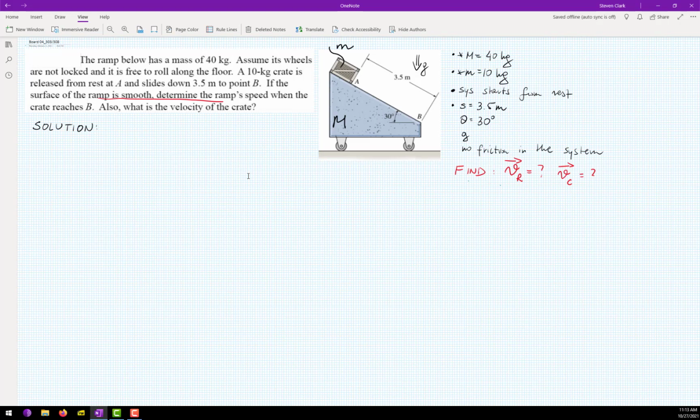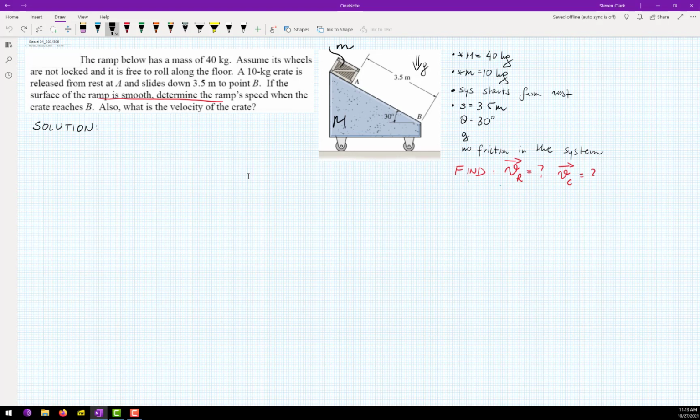Okay, so what do we have in here? We have two bodies this time, right? We have a ramp, which weighs big M, and a crate that has mass of small m.